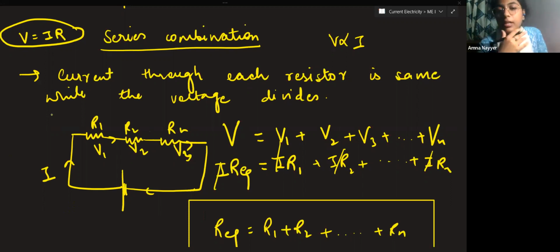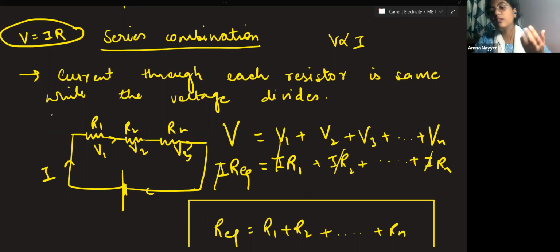Now, tell me one thing. If potential is different, I can add all the potentials. That's why I'm saying your Ohm's law is very important here. V is equal to IR. Do not forget this formula. In your board exams, in class 12, or even in your entrances, a very easy question comes from Ohm's law directly, but application of Ohm's law is different.